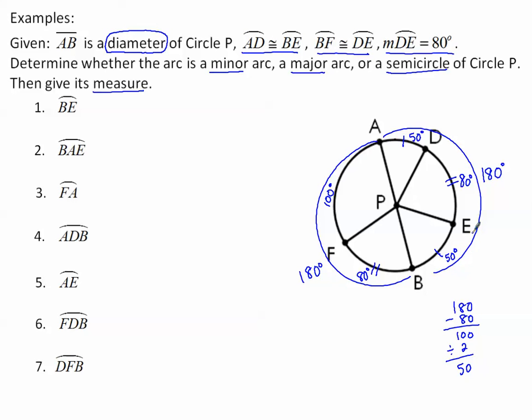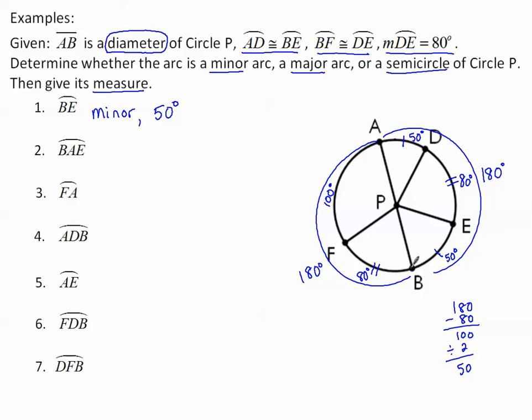Again, notice how I like to put arc measures outside of the circle. Arc BE, this arc right here, says 50 degrees. Well, I was supposed to tell what kind it is. Notice that it's less than halfway around the circle, so it's a minor arc, and the measure is 50 degrees. Two things we have to give. Arc BAE. Arc B, A, E. Now, how did I know to go that way instead of B to A and then to E?